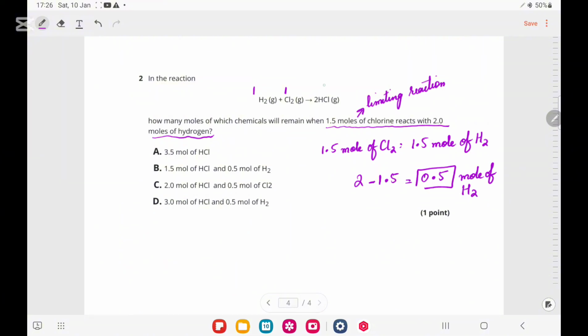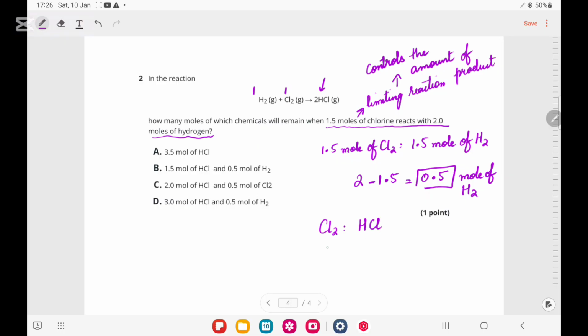And in order to find the moles of HCl that has been produced, the limiting reactant controls the amount of product. So we are going to put the limiting reactant, which is Cl2, on the left hand side and HCl on the right hand side.